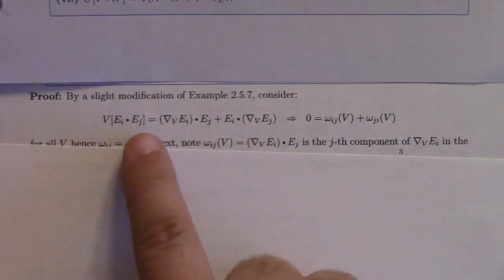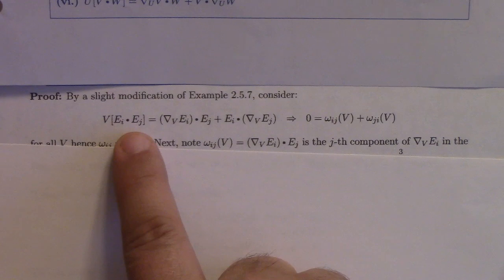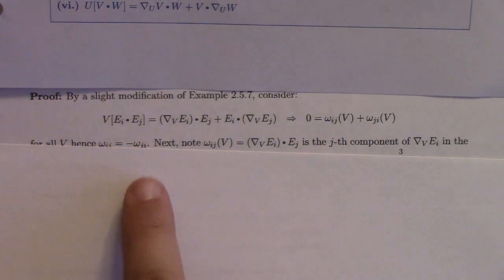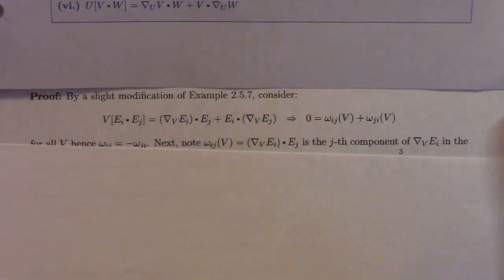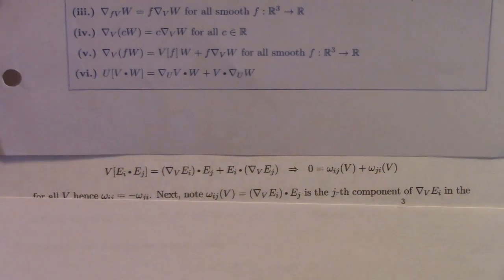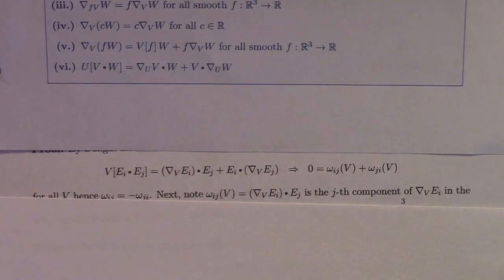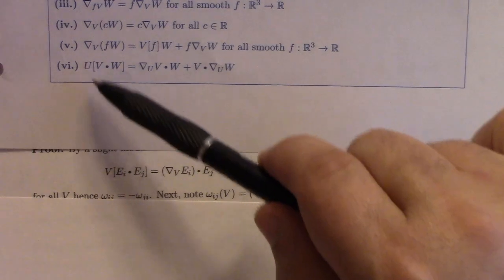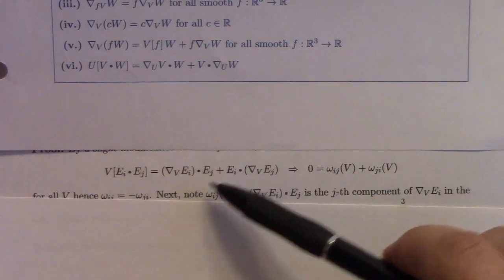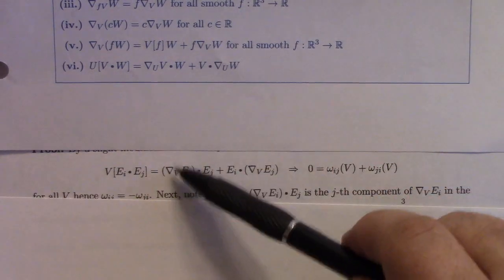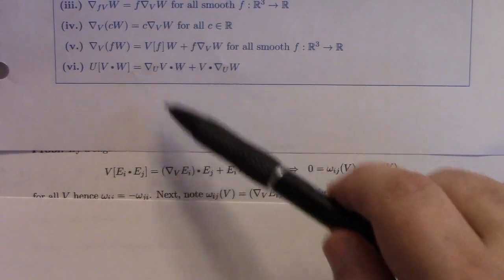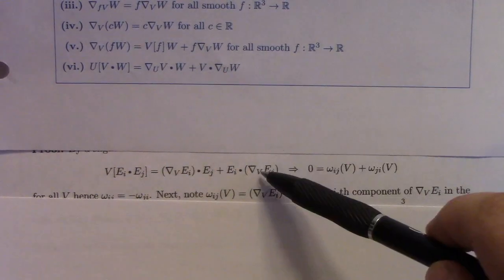So if we put v equal to e_i, w equal to e_j, and v as being my u there, so v is playing the role u does there, and since u is playing the role v, we have the covariant derivative over here.